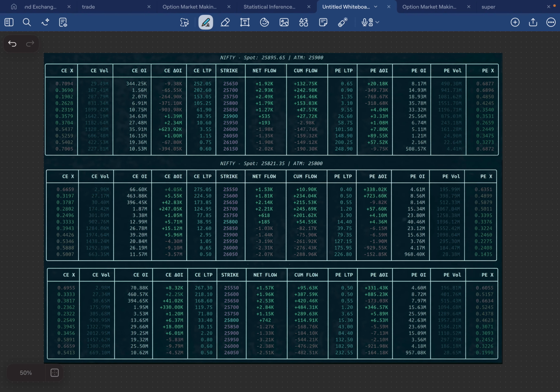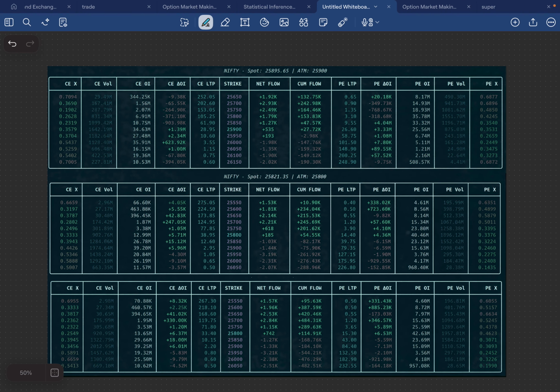This is going to be slightly informational. It is not about suggesting or recommending a trade, but about how to analyze a trade and how to manage your risk.